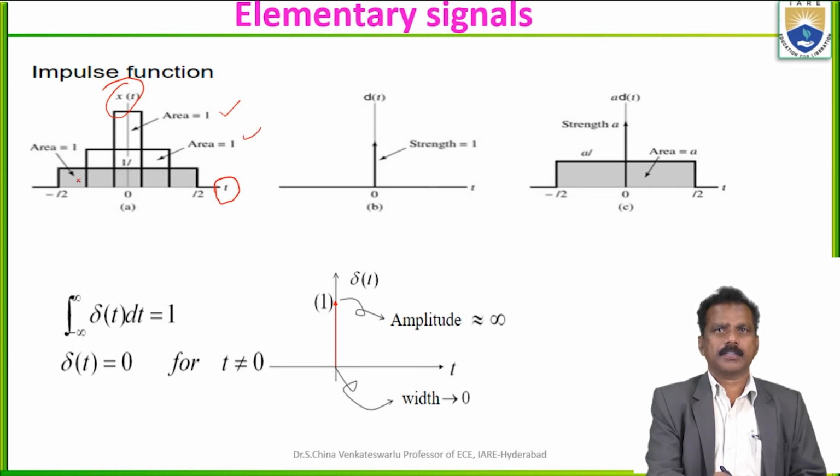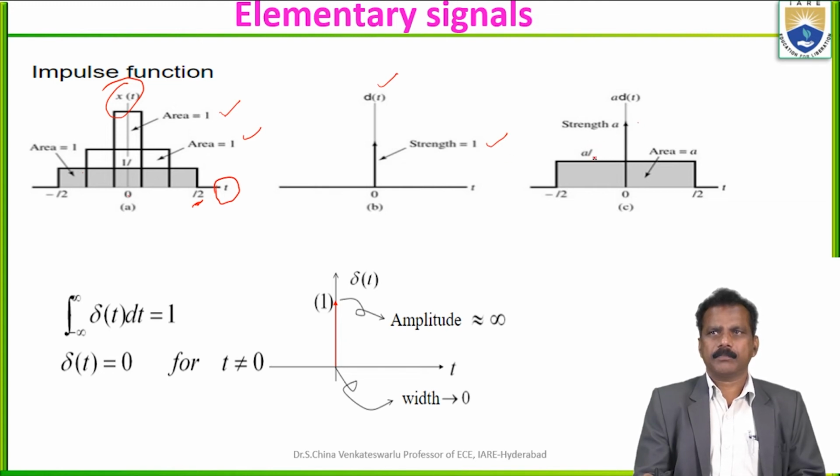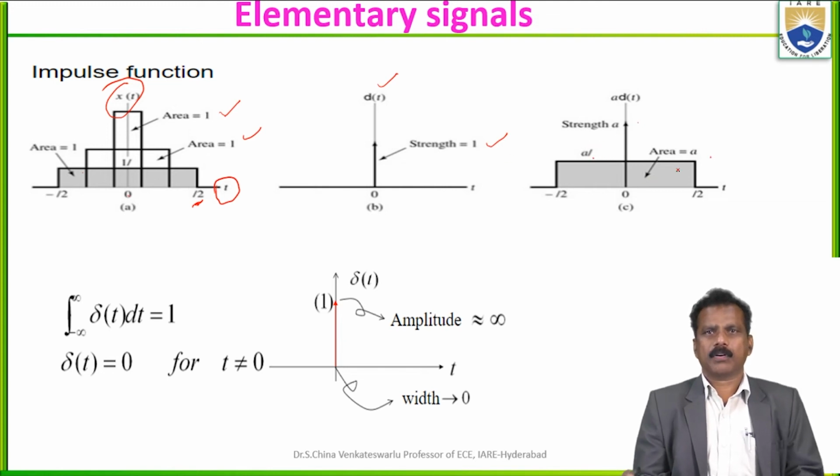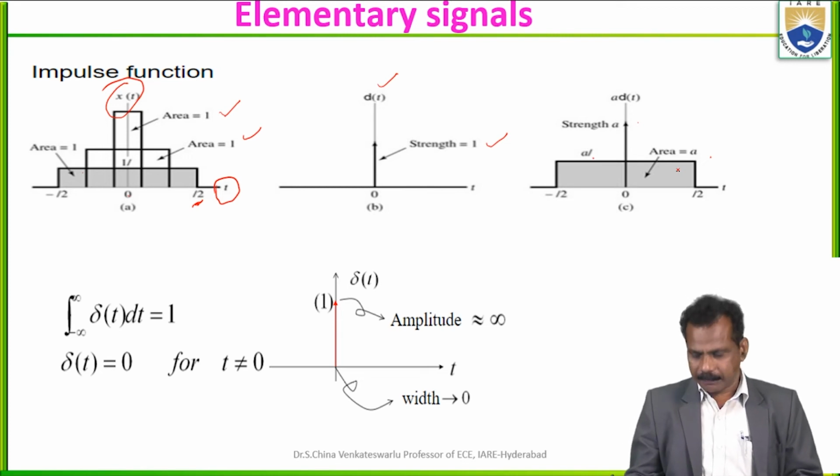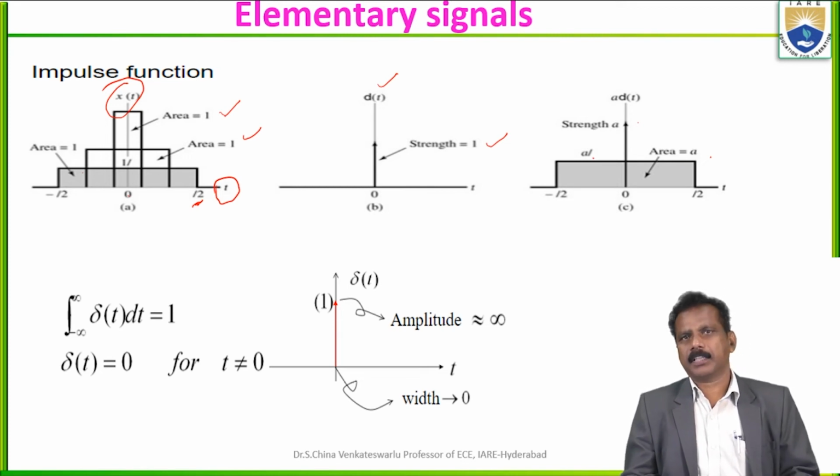Here this area is also equal to 1. For the impulse function, the strength is 1. If the strength is a, then the area is equal to a, and so on. The impulse function is specified graphically and mathematically.